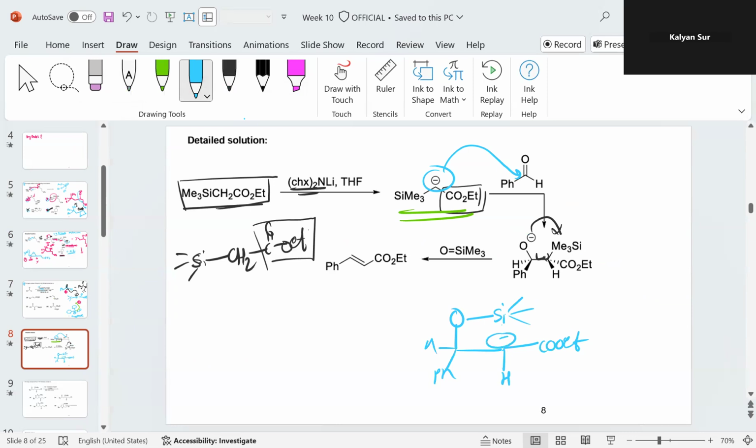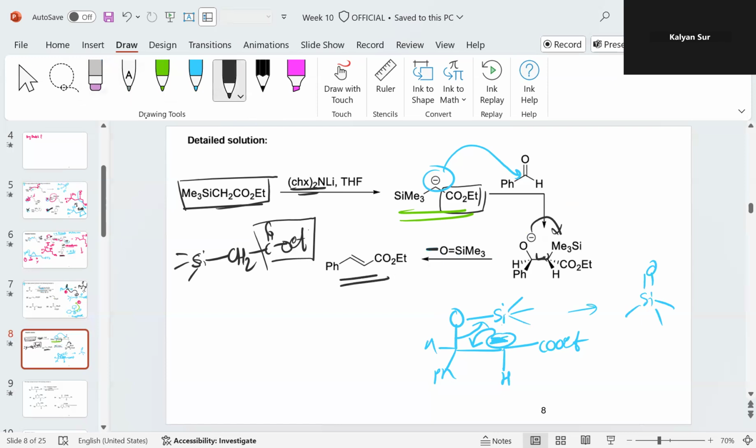So this will be the negative charge here. Once this negative charge forms, it goes here, and this bond moves to here. So this leads to formation of Si double bond O. You can see this compound will be eliminated here, so minus, and it forms the compound.